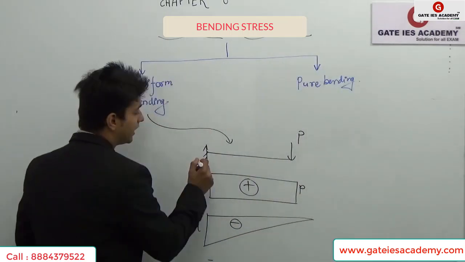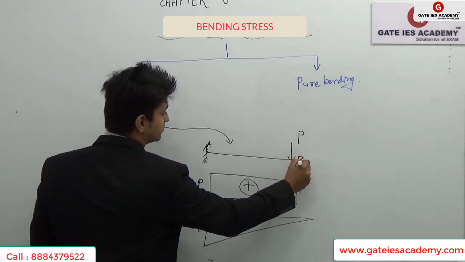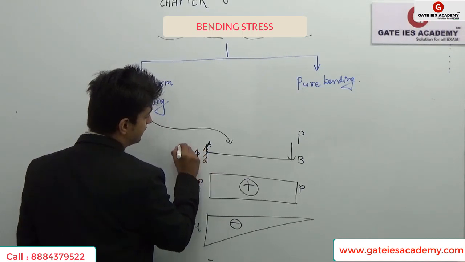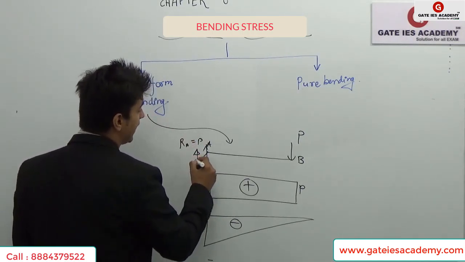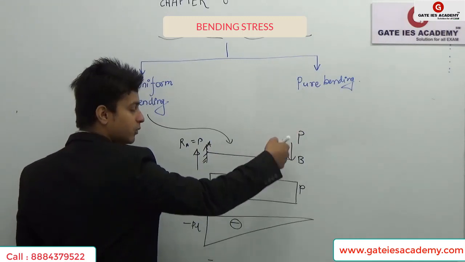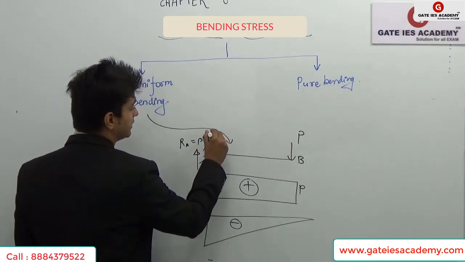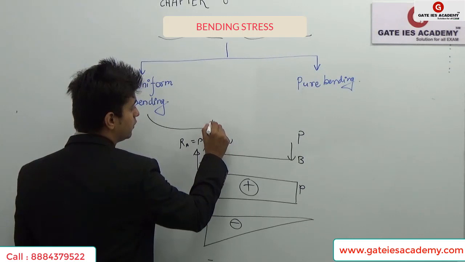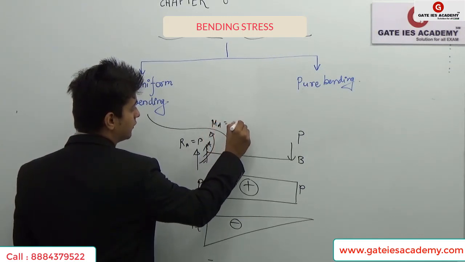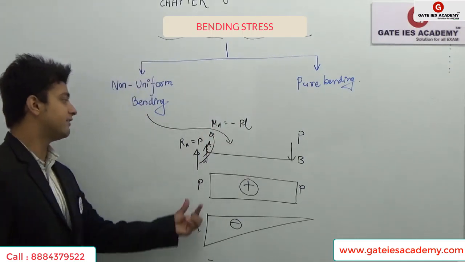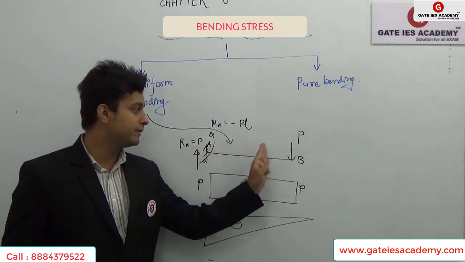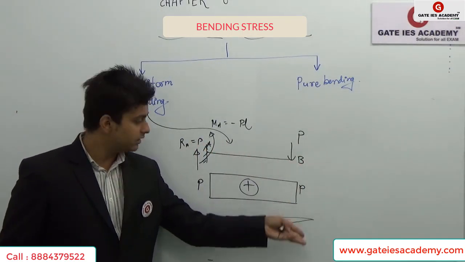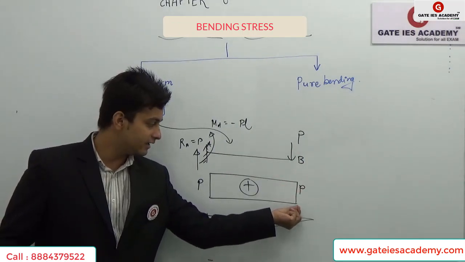Let's call this point A and this point B. Here RA will be generated equal to P, and there will be an anti-clockwise moment because the load generates a clockwise moment. There will be a fixed end moment equal to MA equals minus PL. Therefore the shear force diagram will be constant P throughout the beam, and then it will come down at the end.